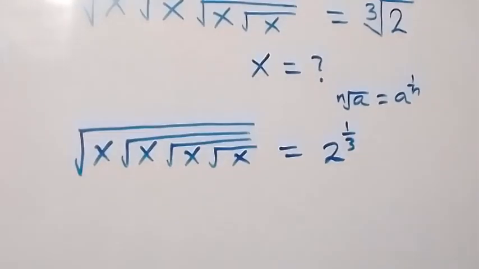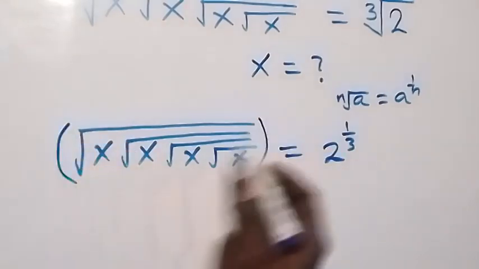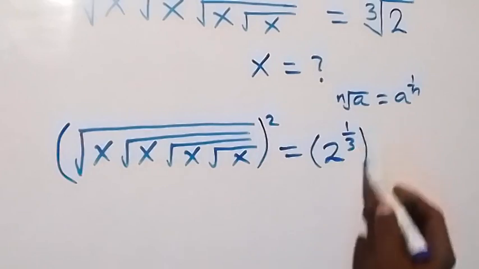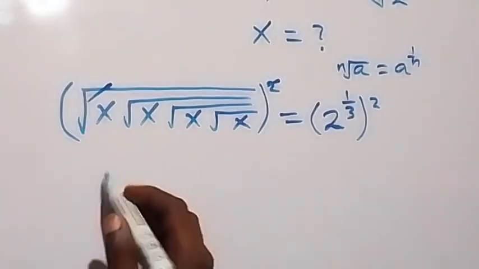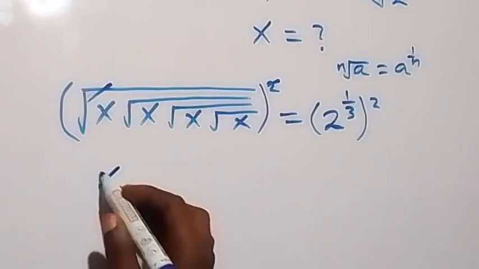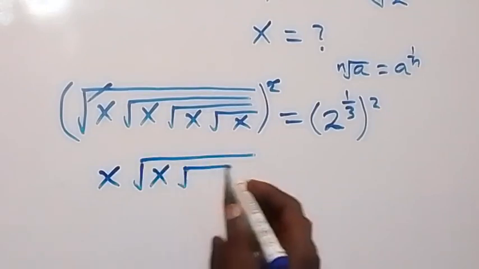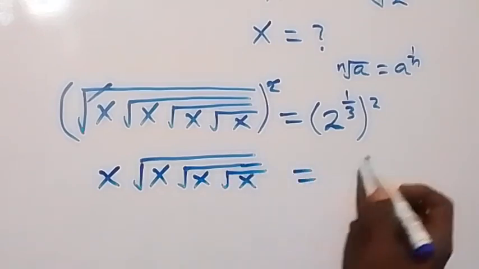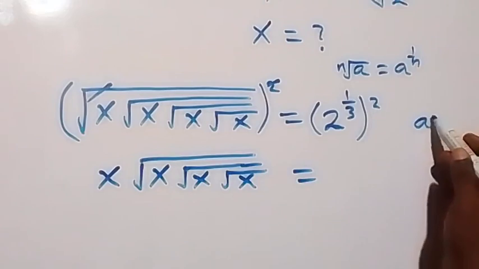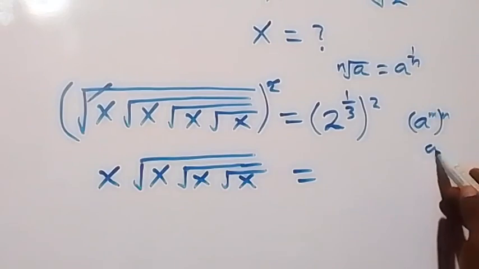Then in the next step, let's square both sides of this. We square this side and also we square this side, and here this square we cancel one square root here, then this becomes x, then we have times root x, also root x, then root x, which equals, from the law of indices, when we have a raised to power m raised to power n, this will become a raised to power mn.